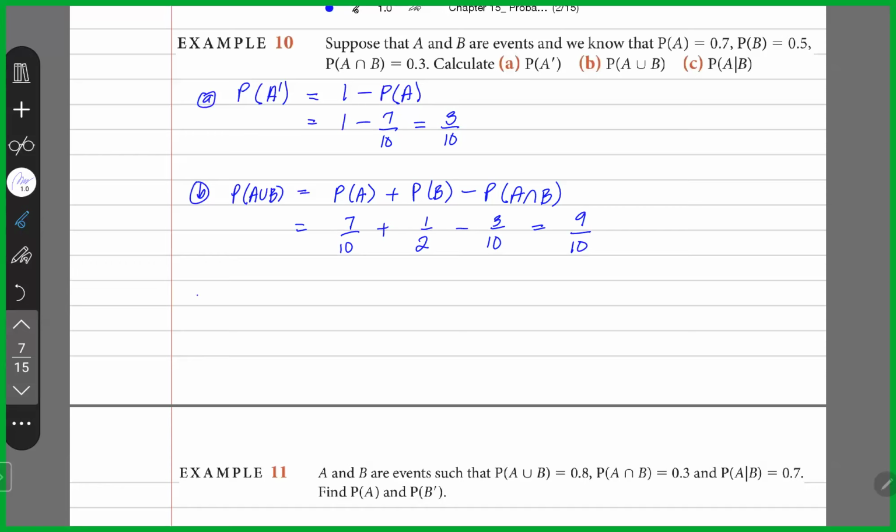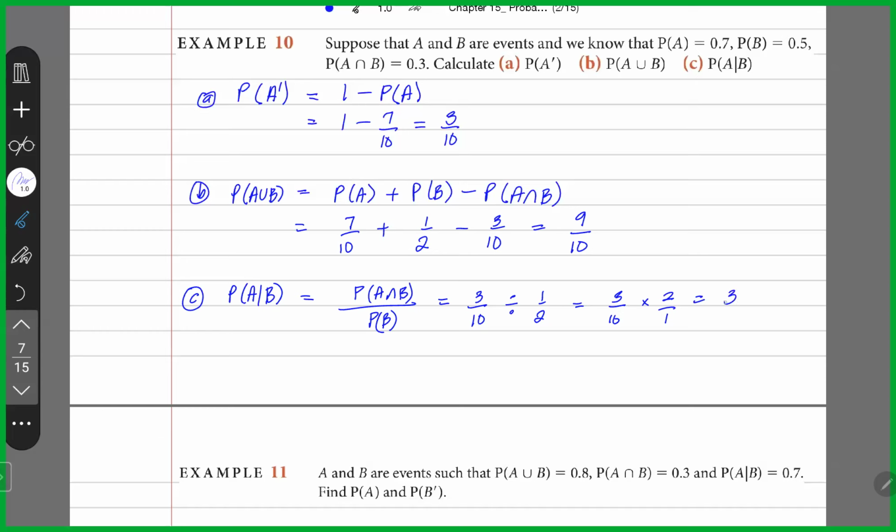Now for C, the probability of A conditioned on B is equal to the probability of A intersect B over the probability of B. So this would be 3/10 divided by a half. 3/10 divided by a half, which is equal to 3/10 times 2/1.